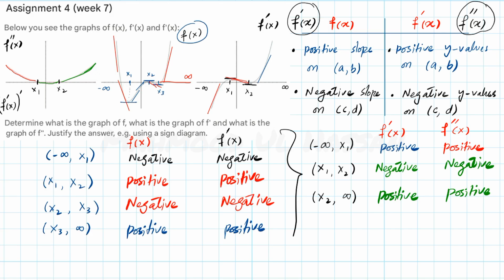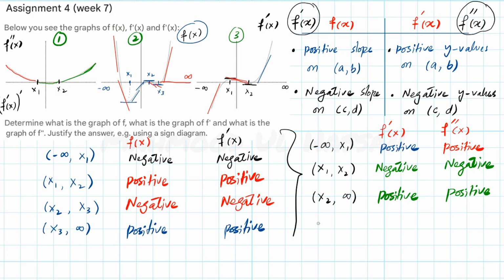Our hypothesis was true, that is, we supposed earlier that the middle one is f of x, the rightmost is f prime of x, and the leftmost is the graph of f double prime of x. So here, let's say this is the first graph, this is the second graph, and this is the third graph.